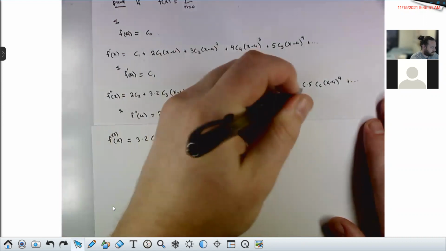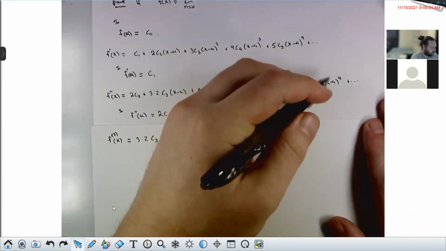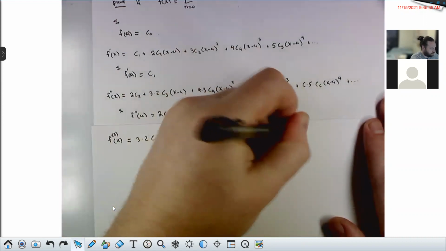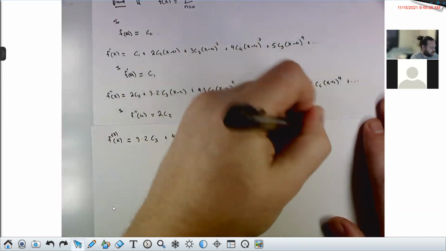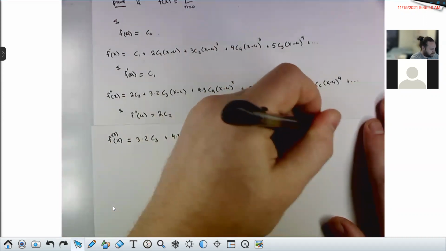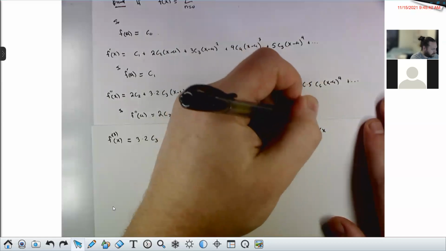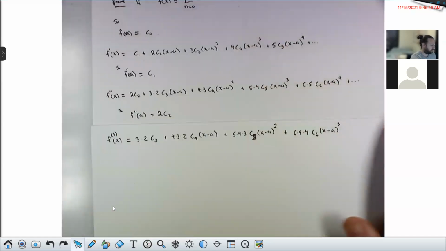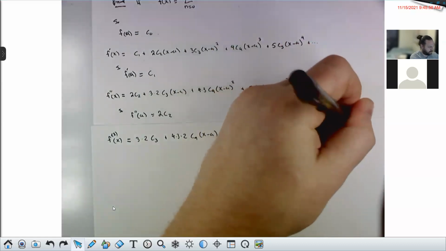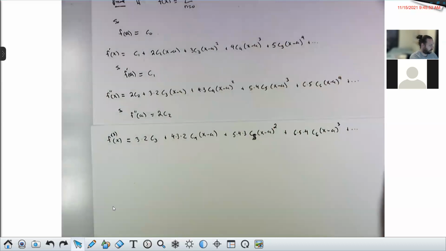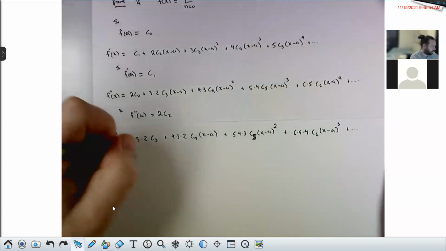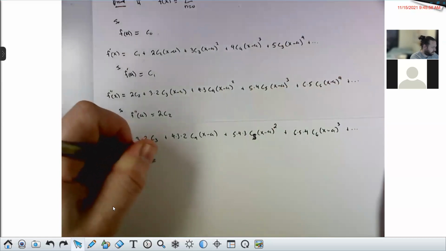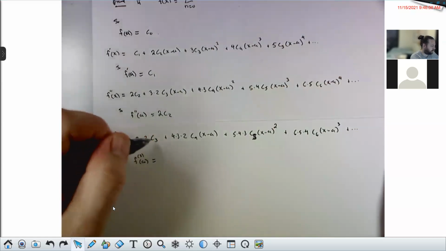The derivative of 6 times 5 times C6 times x minus a to the 4 is 6 times 5 times 4 times C6 times x minus a cubed, and so on. So plugging in a, the third derivative of f evaluated at the center is 3 times 2 times C3.